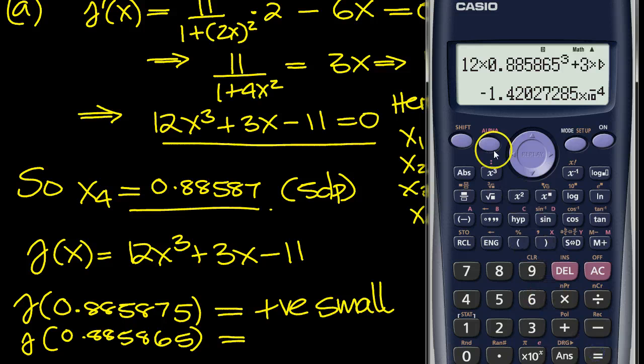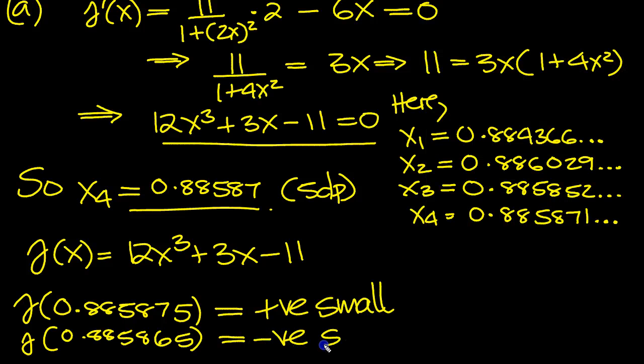And equals, negative small, yeah? Negative small. So we can see that the sign of the root here and here for these two values crosses, the root lies between these two, so the 5dp is going to be 0.88587.